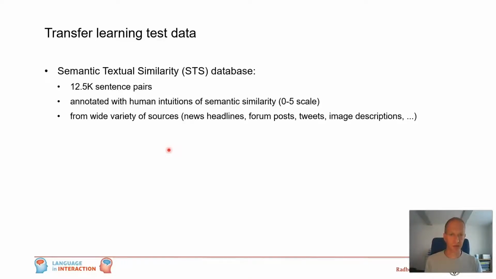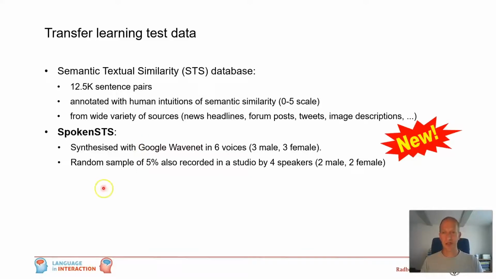The sentences come from many different sources like news, posts, tweets, but also image descriptions of the kind that the models are trained on. Now the STS database has written language. Of course we have a speech model, so the first thing we needed to do was create a spoken STS dataset. We did this by feeding the 12,500 written sentences into a speech synthesizer, where we selected 6 UK English voices, 3 male and 3 female, and a small sample of 5% of these sentences was also recorded by human speakers, again with a North American accent.